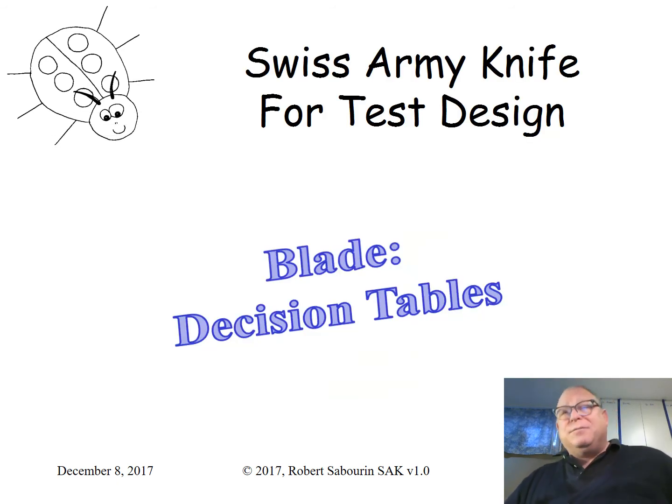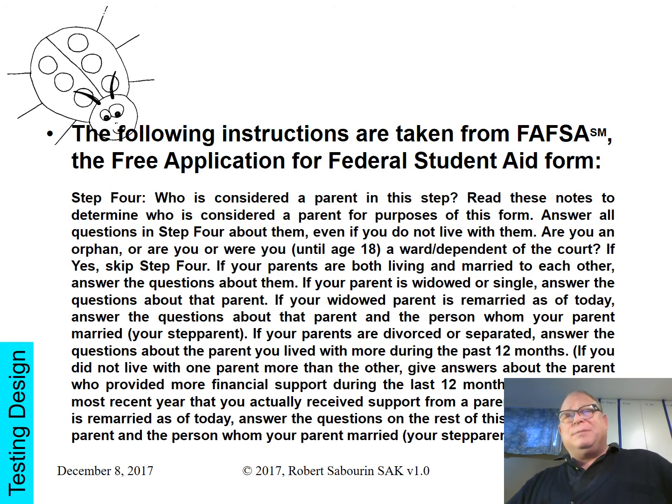There are other types of models for multivariable systems. So we had usage scenarios, we had control flow diagrams. There are also decision tables. Decision tables take place when we have complex business rules. If you take a look at this beautiful example from the FAFSA Federal Student Aid form, you'll see, reading some of this gobbledygook: if your parents are both living and married to each other, answer the questions about them.